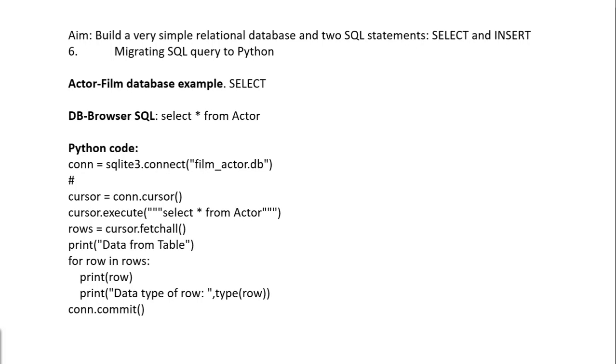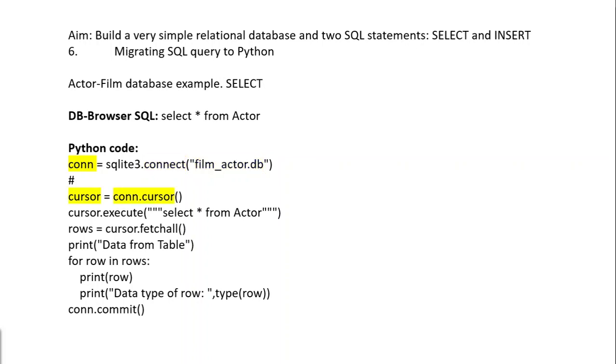The principles I've just been through from the Python documentation will now be applied to the actor film database. I take the very simple SQL statement, select star from actor, and build it into a small Python program. After SQLite has been imported into Python, define the connection between the database file name and the identifier con.